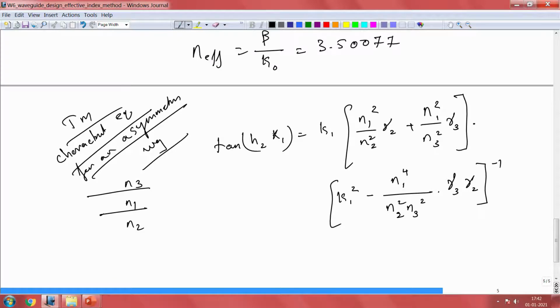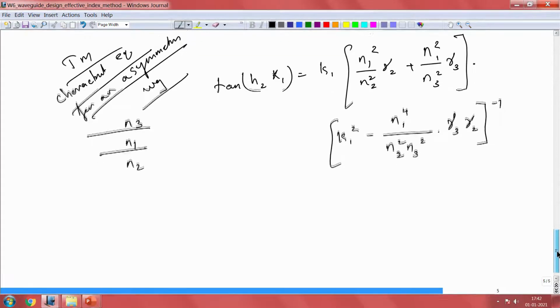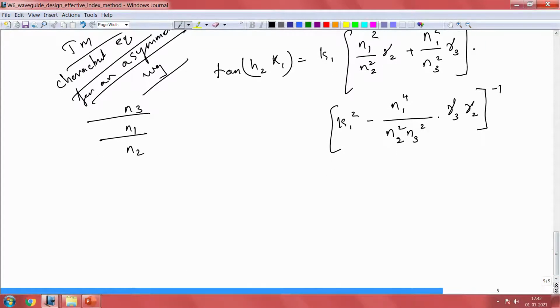Okay. So this is the characteristic equation of a TM asymmetric waveguide.